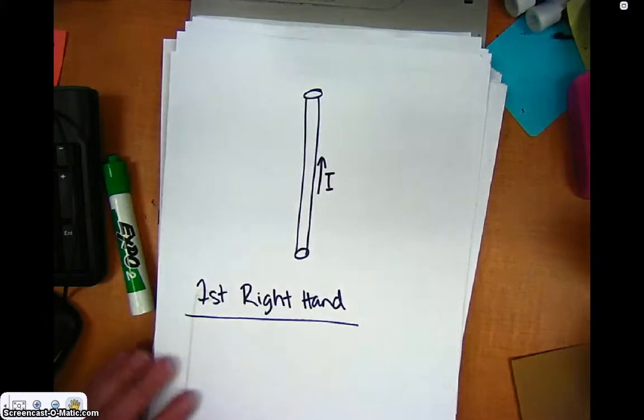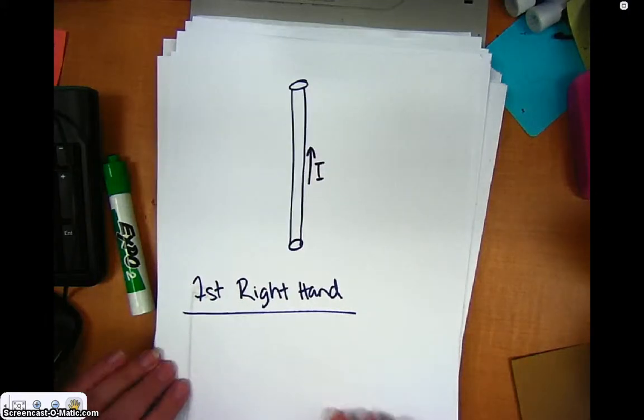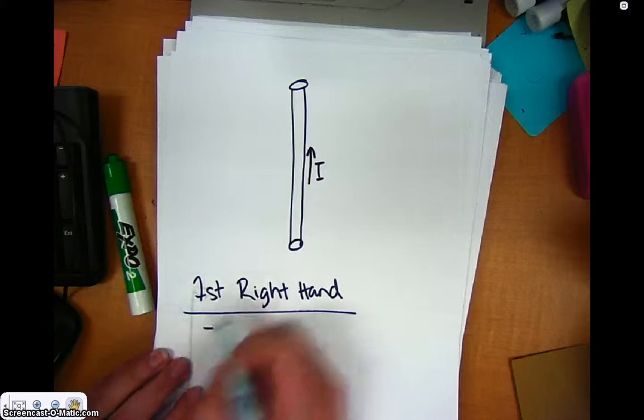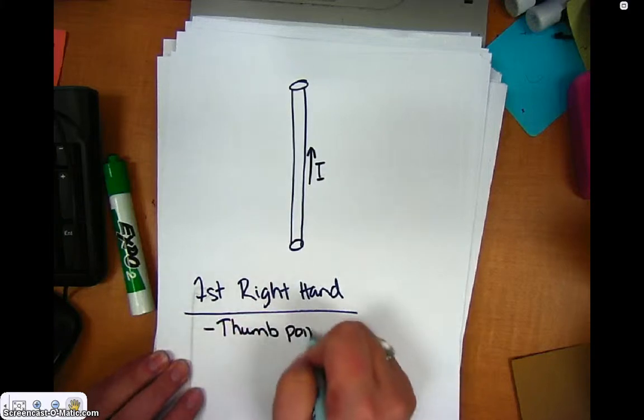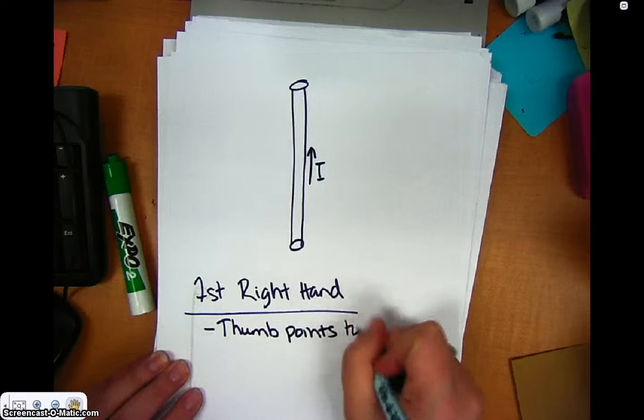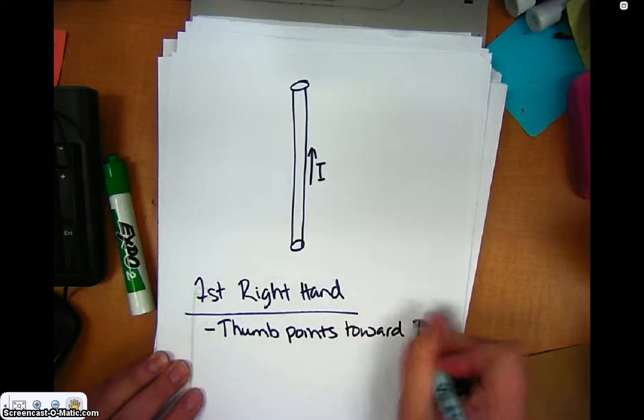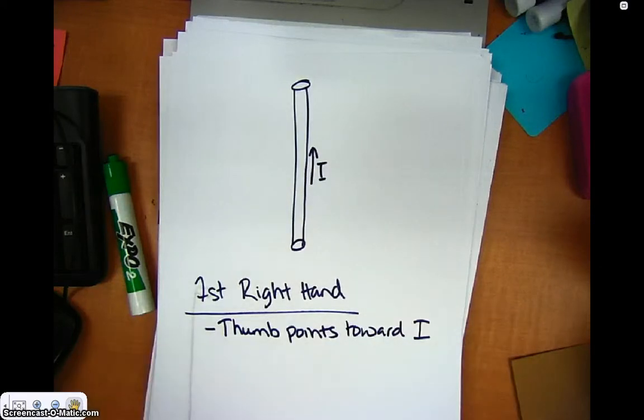And for this right-hand rule, your thumb is always going to point in the direction of the current. So the thumb points towards the direction of the current.